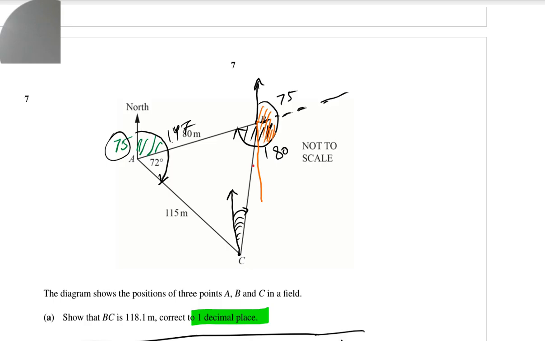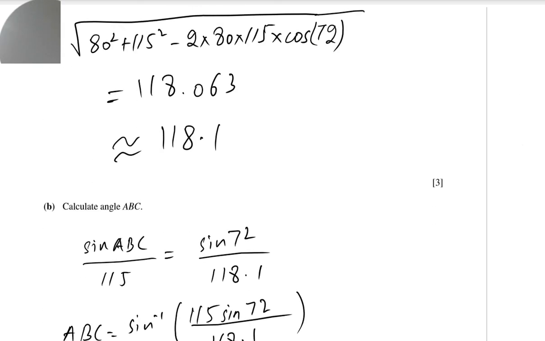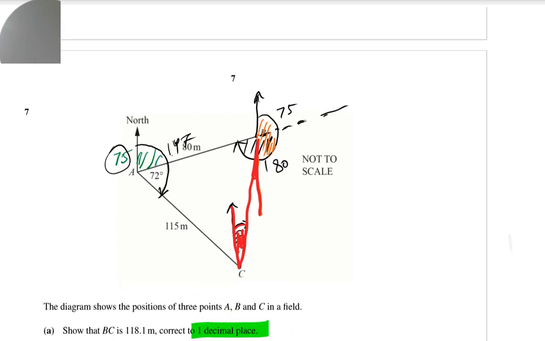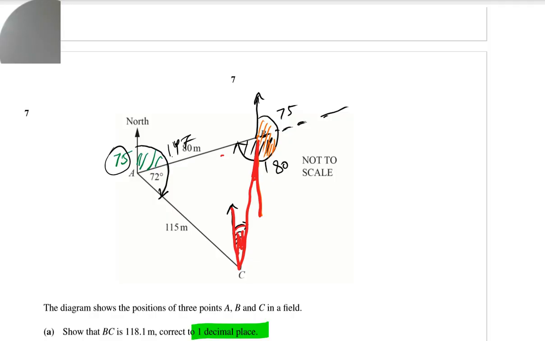This is my angle of concern. It's an alternate angle. I have ABC as well, I think. Yes, 67.8.